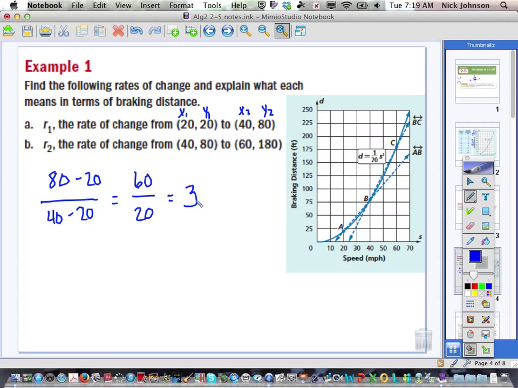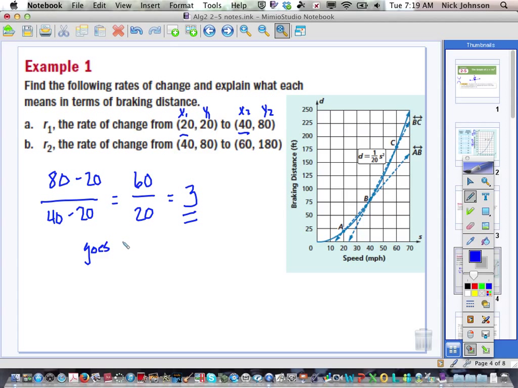What does this slope mean in terms of braking distance? Well, that means from 20 miles per hour to 40 miles per hour, my braking distance is going up relatively 3 feet for every 1 mile per hour.